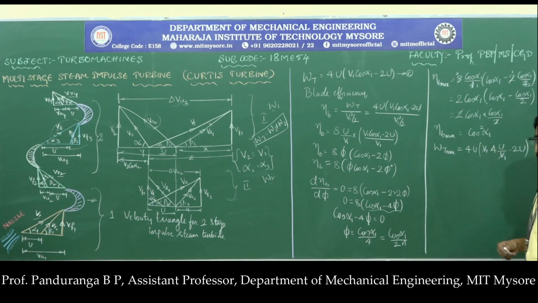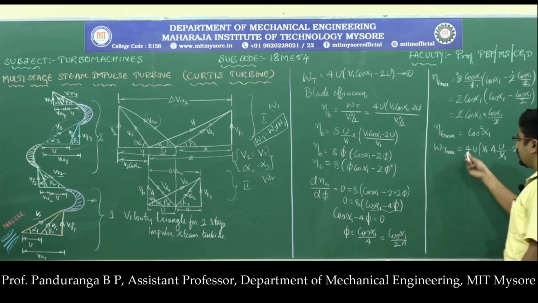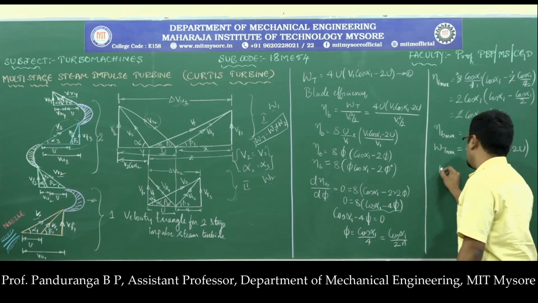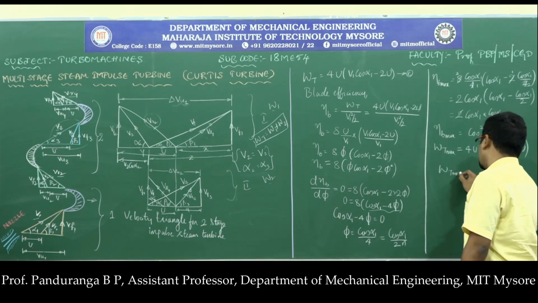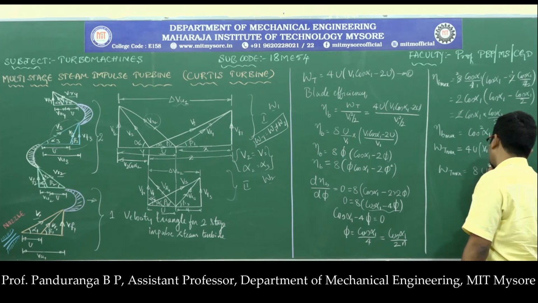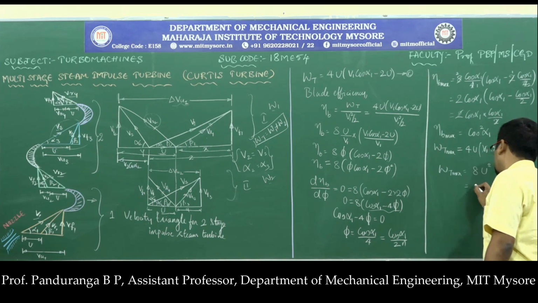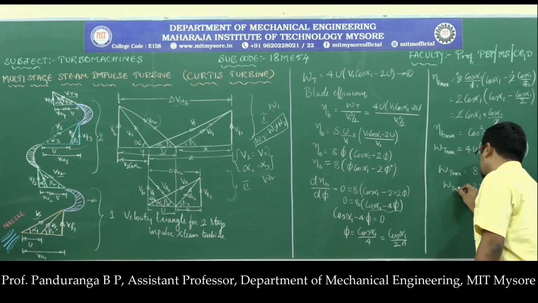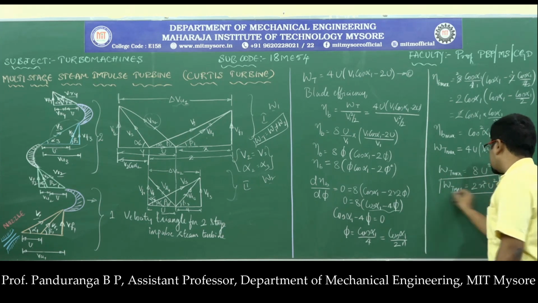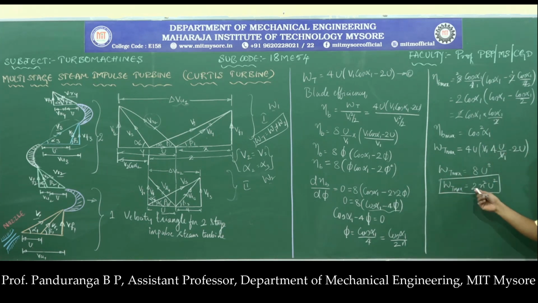So v1 and v1 will get cancelled. Now we have 4u minus 2u, so we have 2u multiplied by 4u, so we have Wt max as 8 times u squared, or this can be written as 2 into n square u square. So Wt max will be equal to 2 into n square into u square, where n is the number of stages.